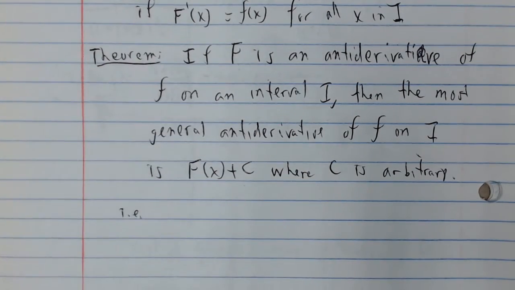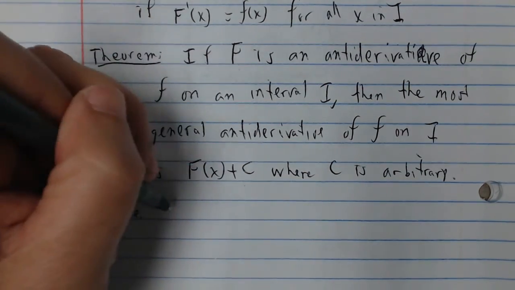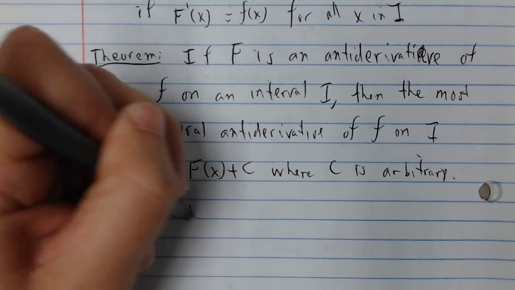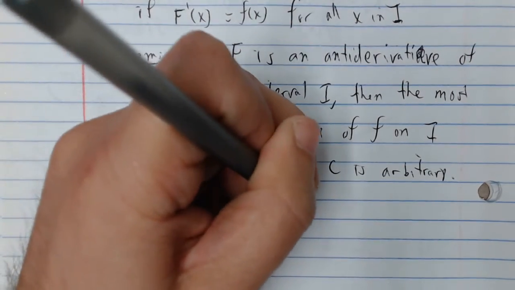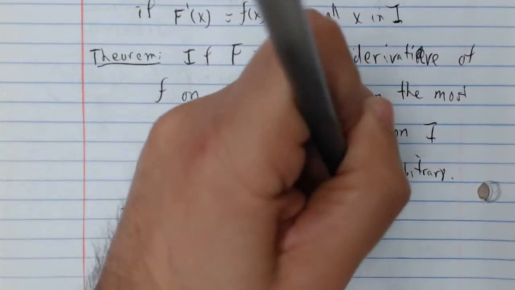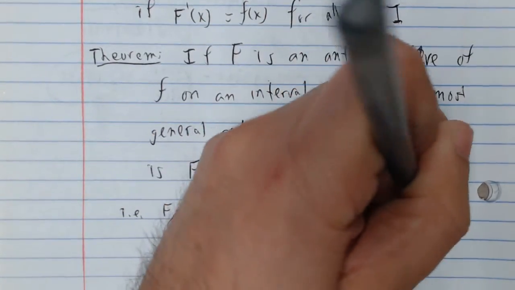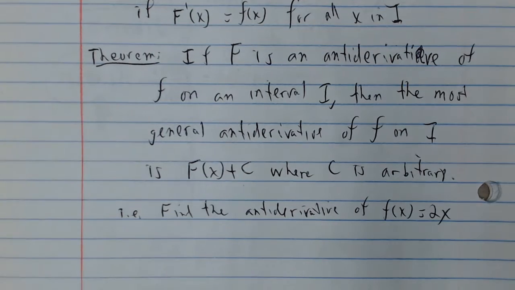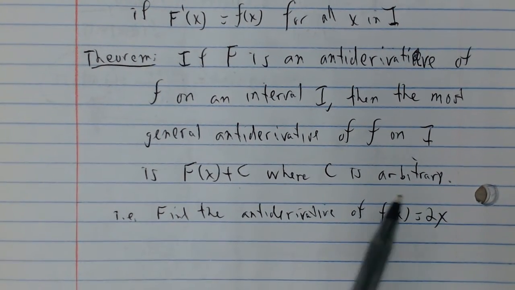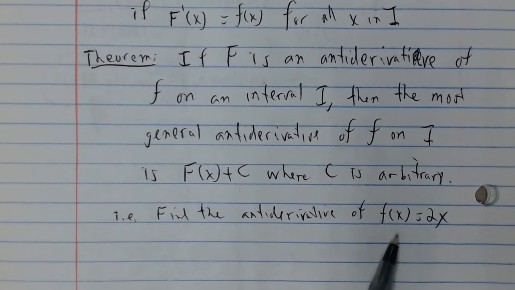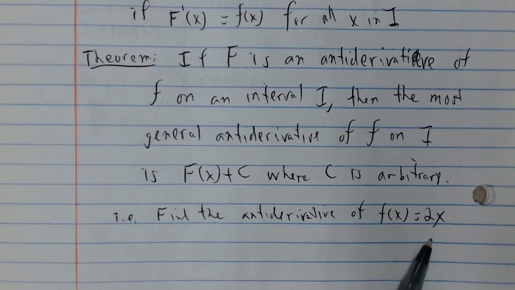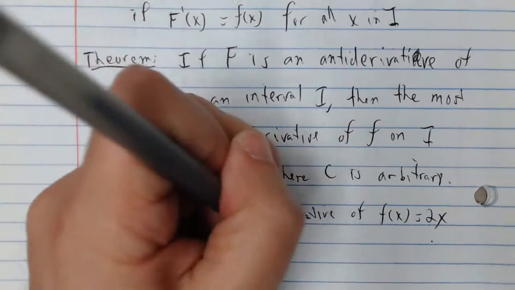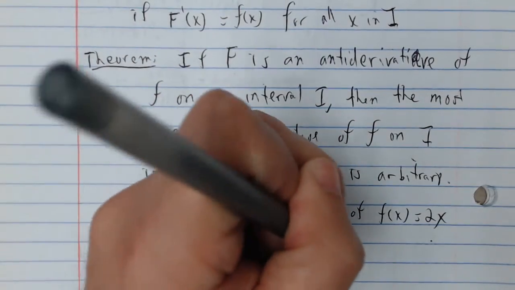Let's come up with a very simple example. If I said find the antiderivative of f of x equals 2x, this is something simple. You could say, what must this function have been before, where when I took the derivative, I got 2x? You would say f of x is equal to x squared.